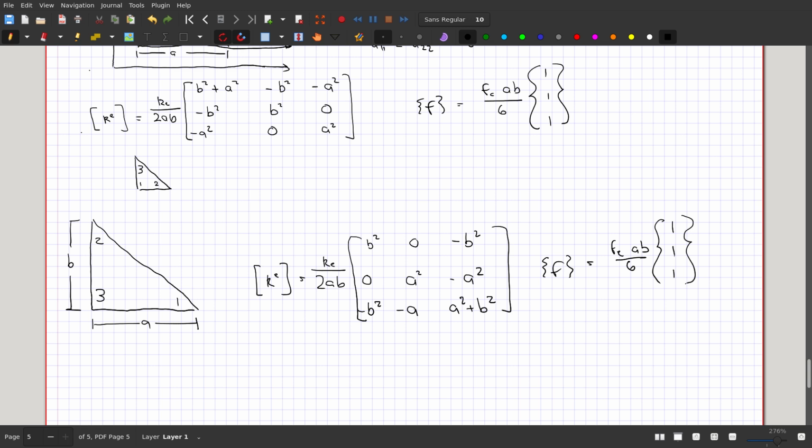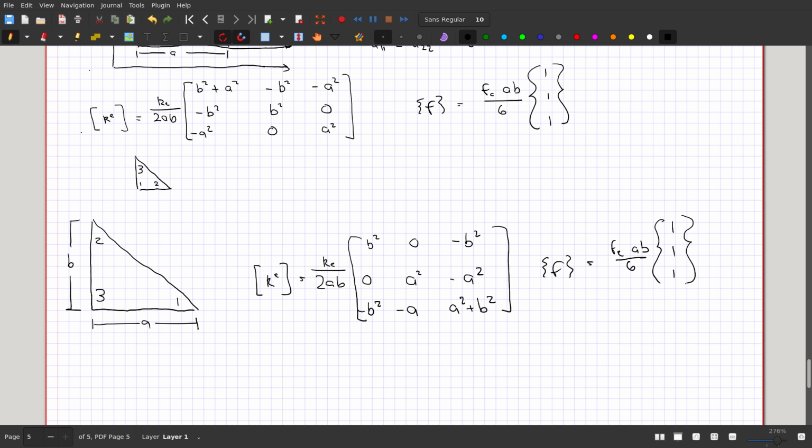I don't know if you can tell, but this has the same terms in it as that up there, but they're just in different places, right? So essentially, if you wanted to start with that one and get this one because you changed the node numbering scheme, you would basically just swap the rows and columns according to the node numbers.